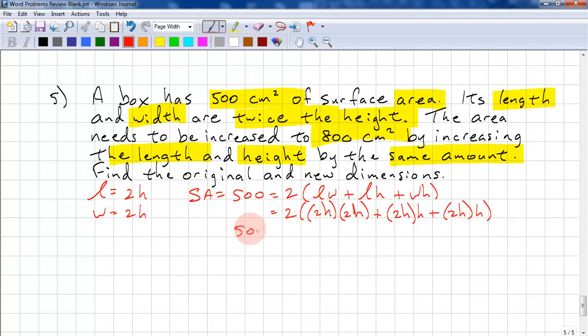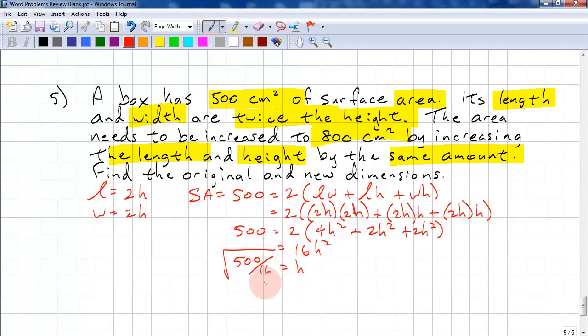Let's simplify. 2 times 4h squared plus 2h squared plus 2h squared. So this is 8h squared and times 2, so that's 16h squared. Then we have 500 over 16 is equal to h squared, and we take the square root.